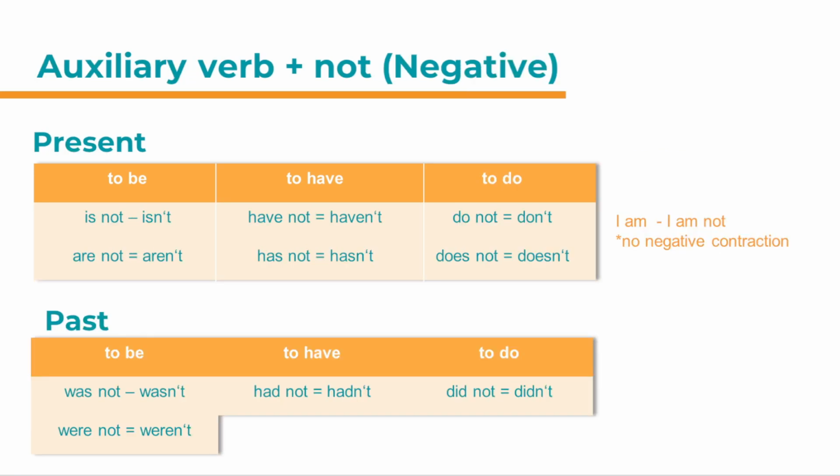Let's have a look at the next form of contractions. Those are auxiliary verbs plus not. So we form a negative form here. We have, first of all, our auxiliary verbs in the present. Let's start with the verb to be. Is not becomes isn't. Are not becomes aren't.